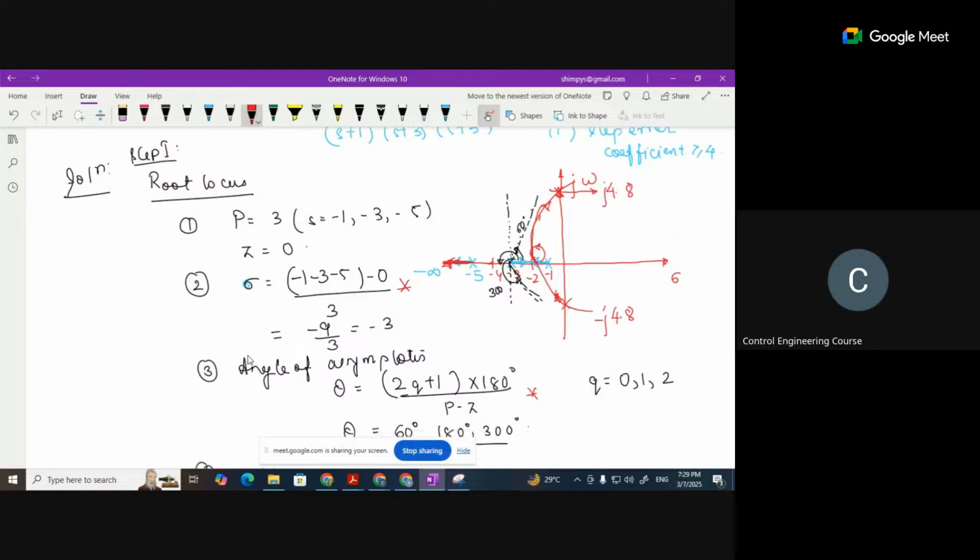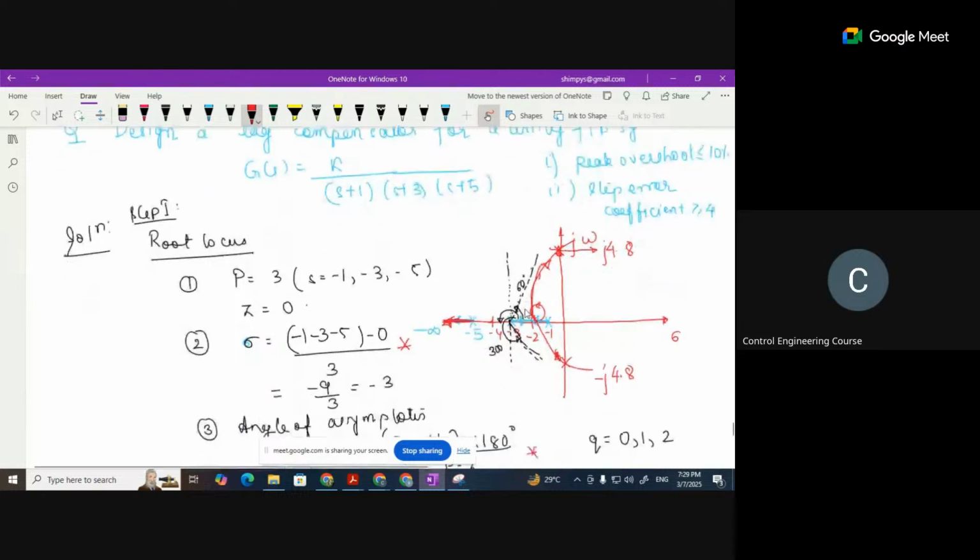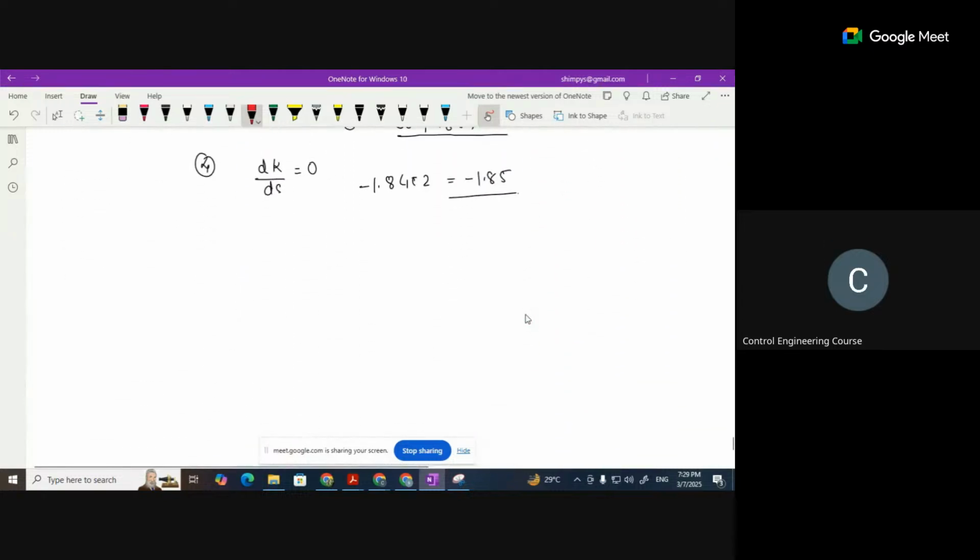Now I have been given here that peak overshoot should be less than or equal to 10%, right? So can I find out my zeta from here? Now that I have done my root locus, I'll again start with the procedure required for designing the lag compensator.